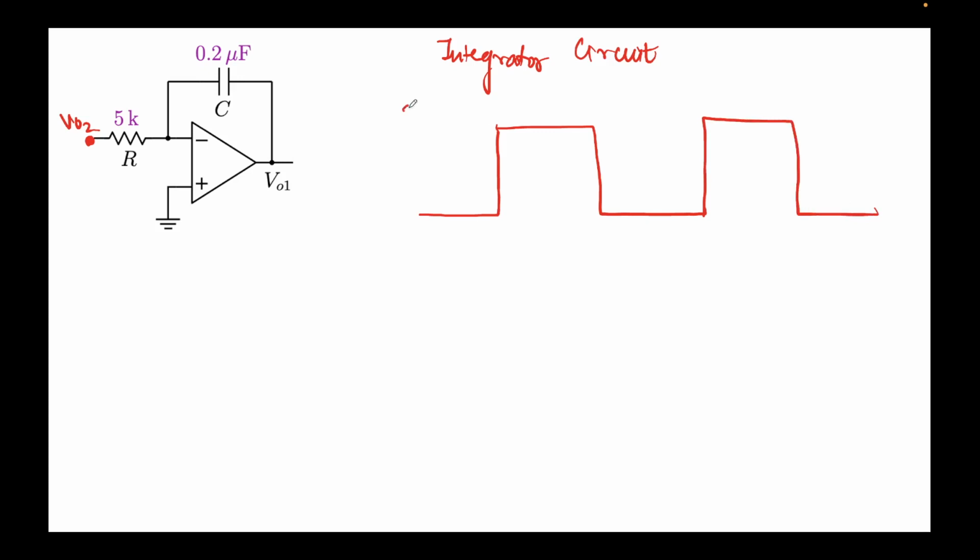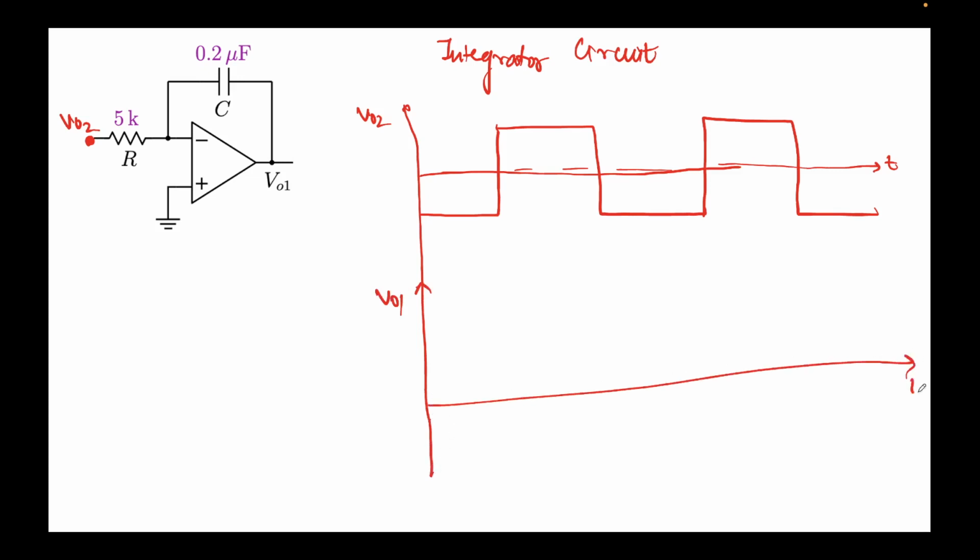That's good enough. So let's draw that this is V02, and this is the time axis. This is how it's happening, and I want to know what's the V01. How does it behave with respect to time?